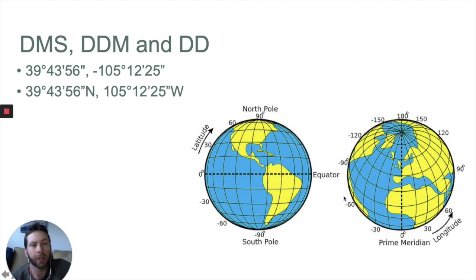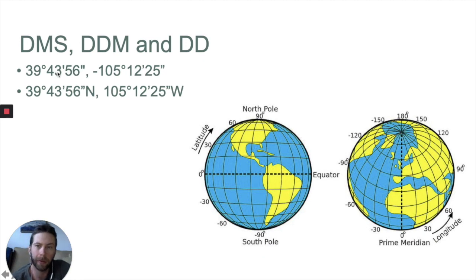So each of those degrees can be broken down into 60 minutes, and each of those 60 minutes can be broken down into 60 seconds. Okay, so if you're reading in degrees, minutes, and seconds, you should really never have more than 60 minutes and 60 seconds. So as we get to this 56 seconds, we know that we are now approaching 44 minutes right here.